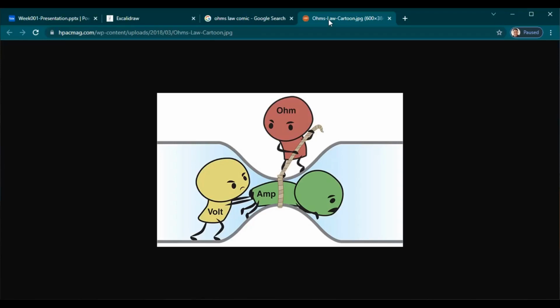And the load, in this case a resistor, which will be defined more in the next module, is limiting the current. That is the definition of a resistor. As you can see in this illustration, I just want to reiterate that voltage is the one which provides the force, and current is the one that is flowing, or being pushed around, in the circuit.